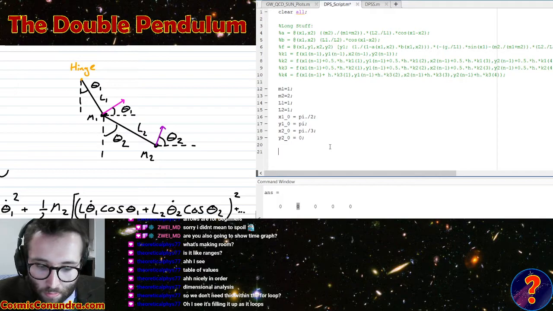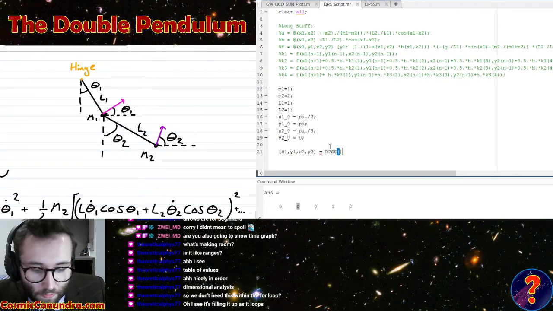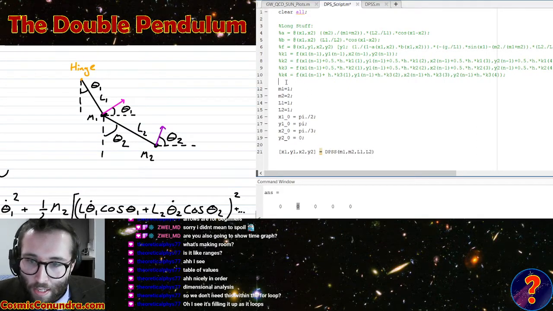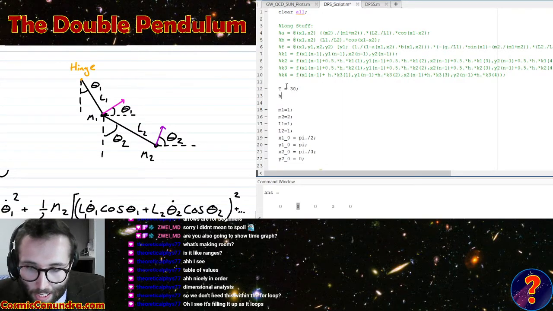Right, now let's call the function. So remember, our output variables are x1, y1, x2, y2. And we're calling the function we've defined, which took initially m1, m2, l1, L2. I haven't defined the time steps. So let's go for capital T. Let's go for a 30-second long run of this thing, and let's set the time step to 0.01 seconds.